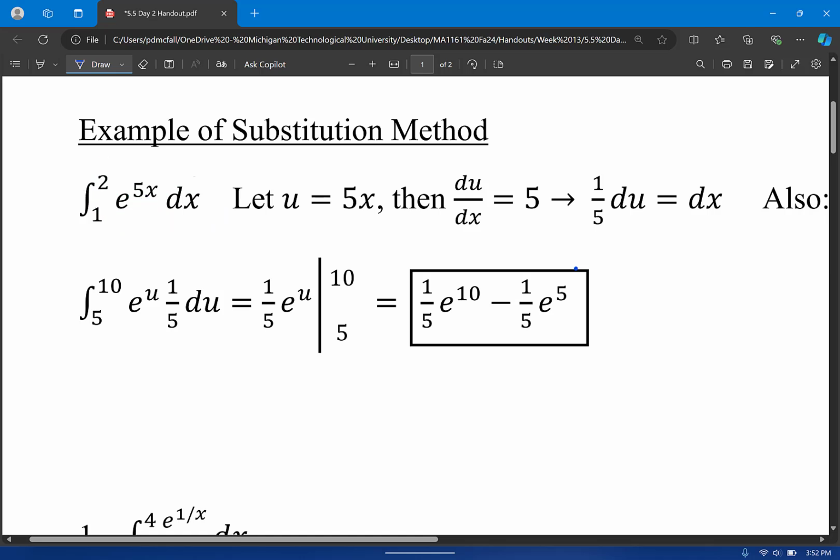Maybe you recognized right away that, oh, if I do reverse chain rule, the antiderivative is 1/5 e to the 5x, then you can plug in 2 and 1, subtract the two, and you'll get the same answer as this over here. But there'll be other problems that are tougher, and you won't be able to just see what the antiderivative is. We'll have to work through this method. All right, so there's our warm-up example.